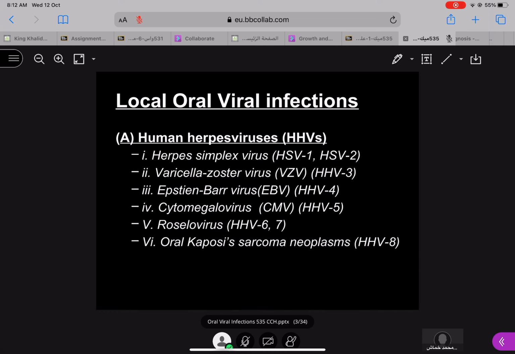Okay, oral viral infection. There are some viruses which can cause oral viral infection. We have human herpes viruses, and there are different types of human herpes viruses. We have herpes simplex virus 1 and 2, varicella zoster virus, Epstein-Barr virus, cytomegalovirus, roseolovirus, and oral Kaposi sarcoma neoplasms.